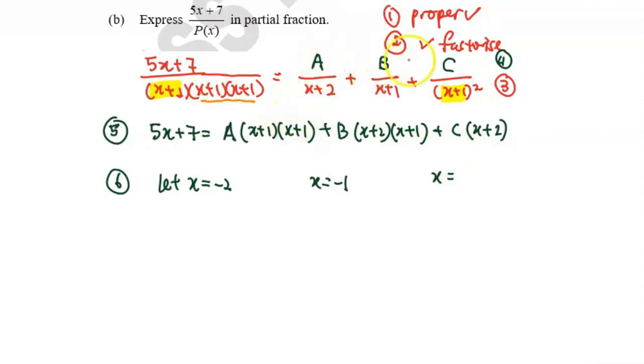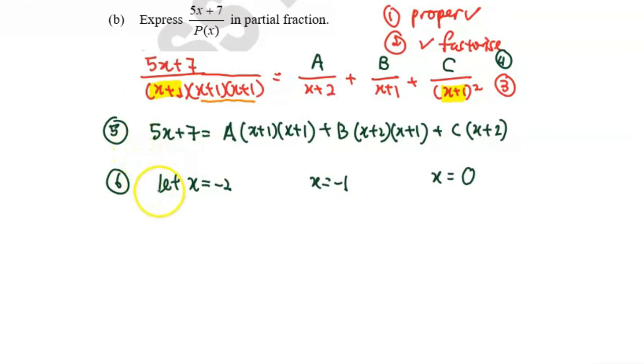Once we have 3 unknowns, we need to let x take 3 different values. Since negative 2 is a root and negative 1 is also a root, we have no more roots that we can choose, so we can let any value. For ease, I recommend we use x equals 0.